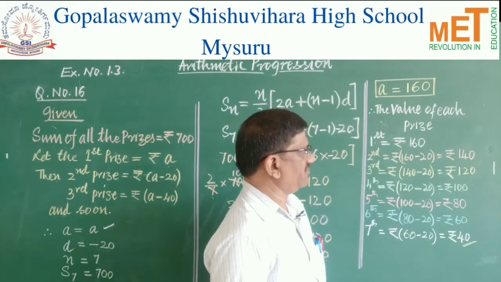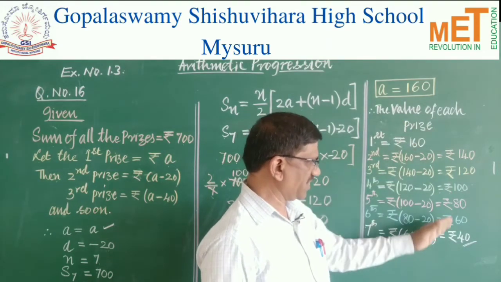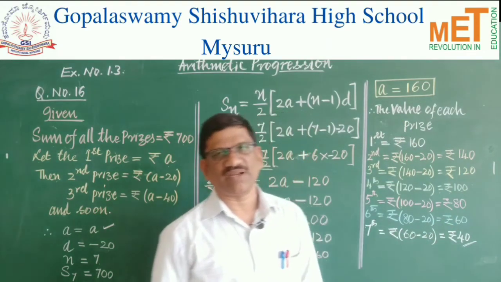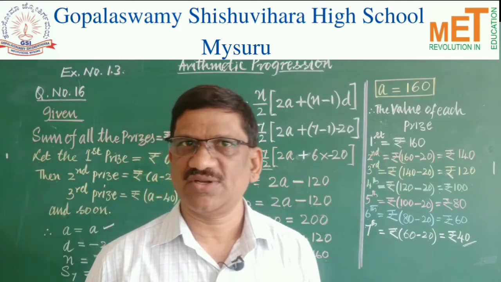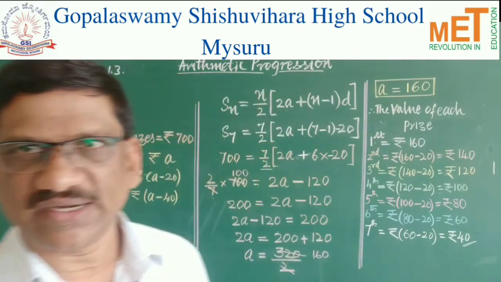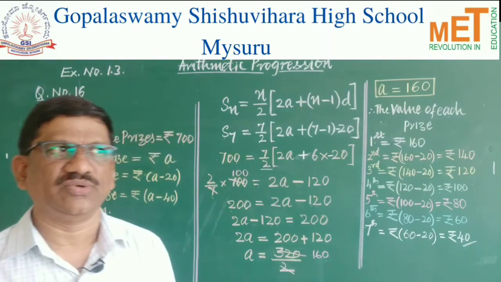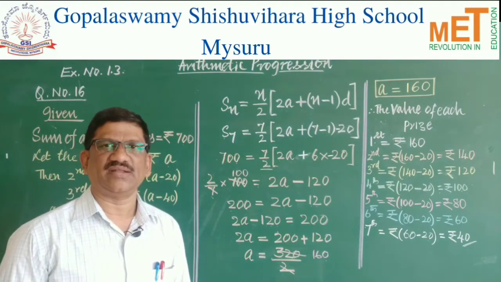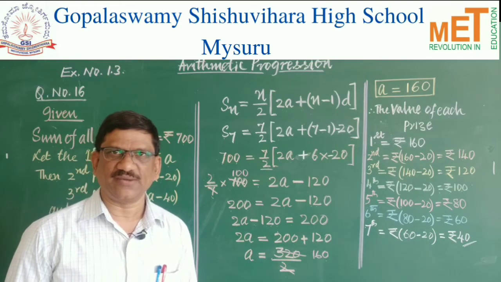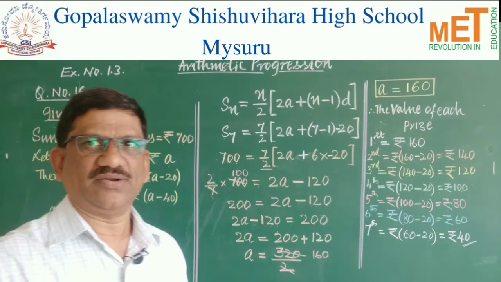So these are the values of each prize out of the 7 prizes. Understood, children? Okay, write it once or twice. You watch this video once or twice and then you work it out. Okay, children, you take it down.